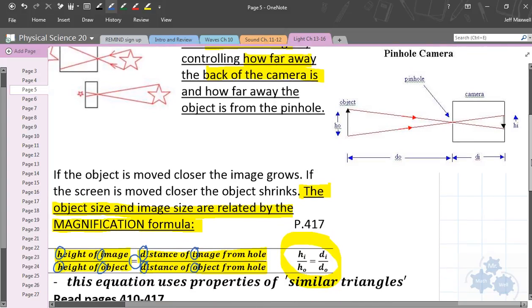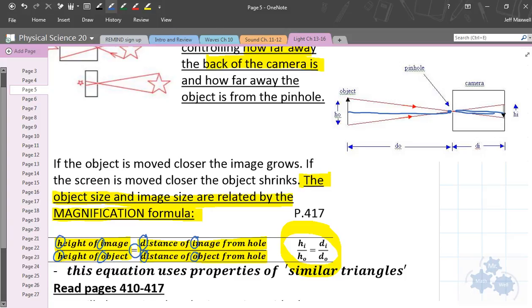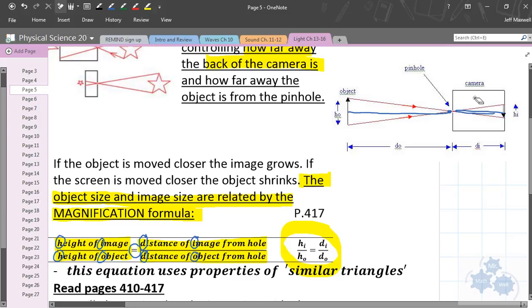I mentioned earlier that we are going to use similar triangles, so if you take the height of this triangle and the height of this triangle, you can write that simple proportion, and that's what we're going to make use of here. This ratio of the base of the triangle over the height of the triangle is the same as the base of this triangle over the height of this triangle because they are similar: the same shape but different size.